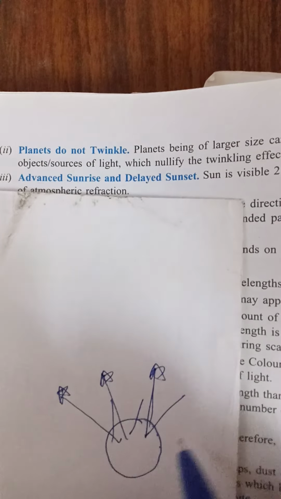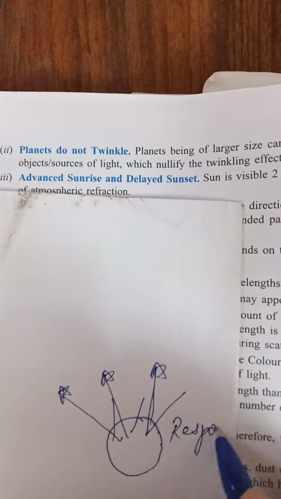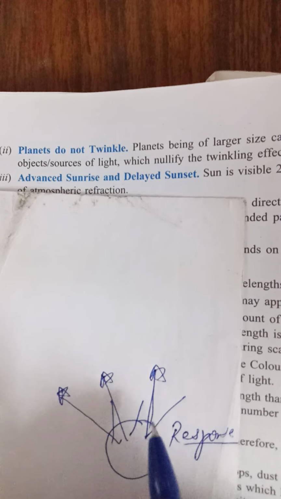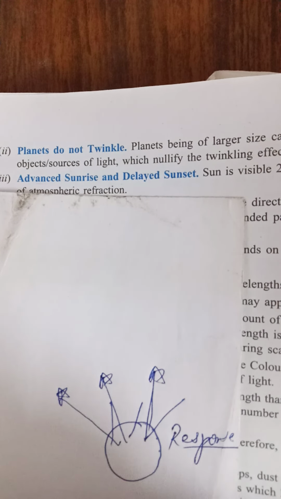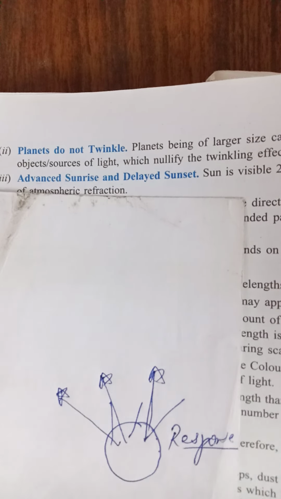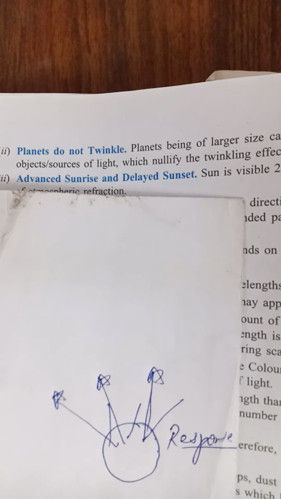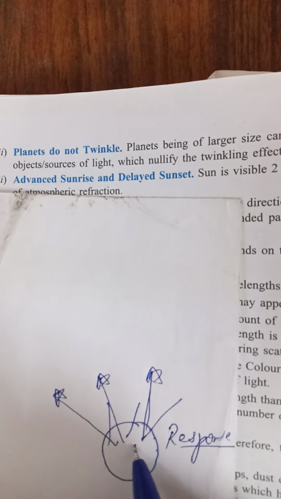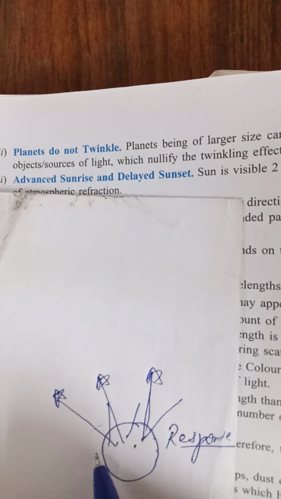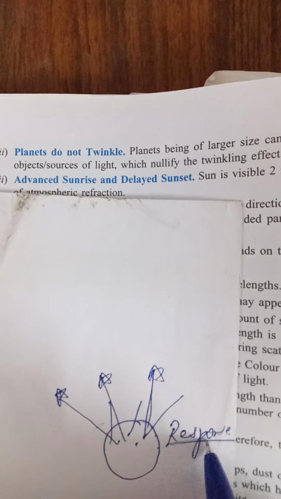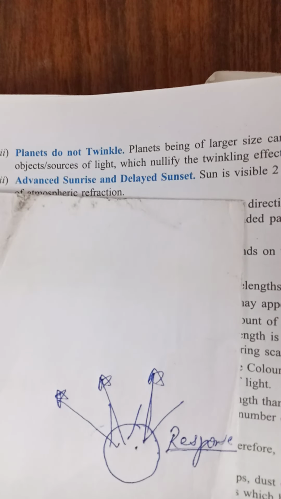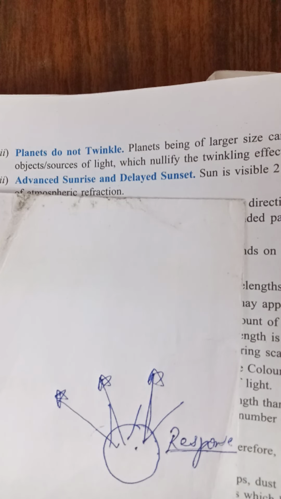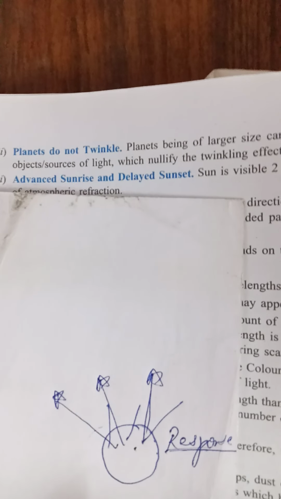The overall response is that this twinkling effect will nullify, and due to that effect, these planets do not appear to twinkle. So this is the mechanism when the light is striking from the planet. This is the mechanism for why planets do not twinkle.